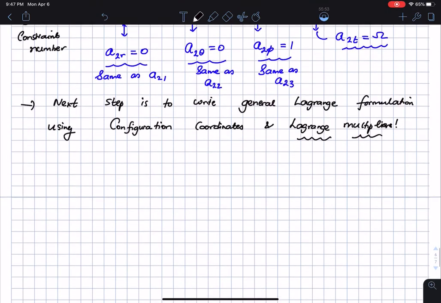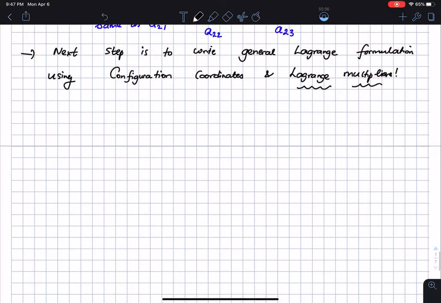Okay, so this is our next step here. All right, here is what we're going to be saying. The general equation is the following.